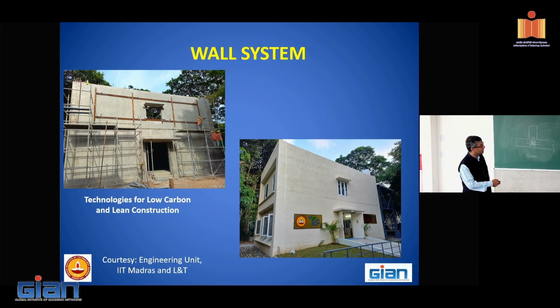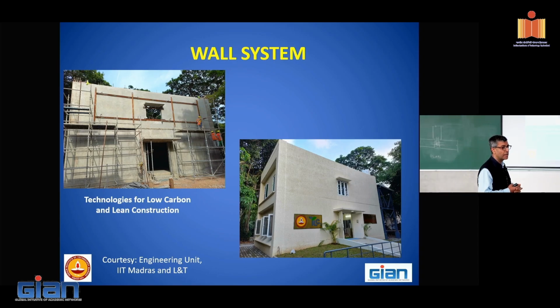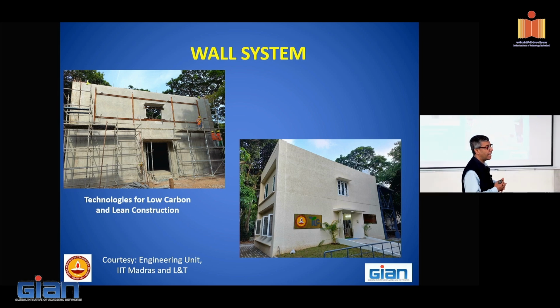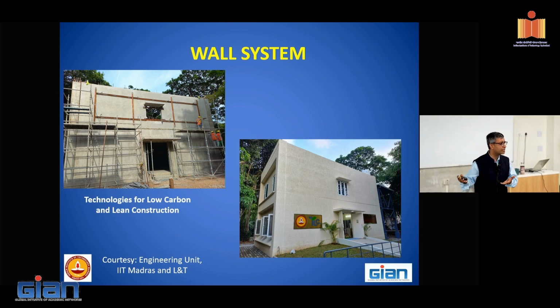Now, this is the way they are building it. They have tested this building by water spray and all that stuff. And then just recently this building has been completed. I just wanted to mention that in IIT also we are trying to demonstrate technologies. If it doesn't work out, it's okay, because it's a small scale.